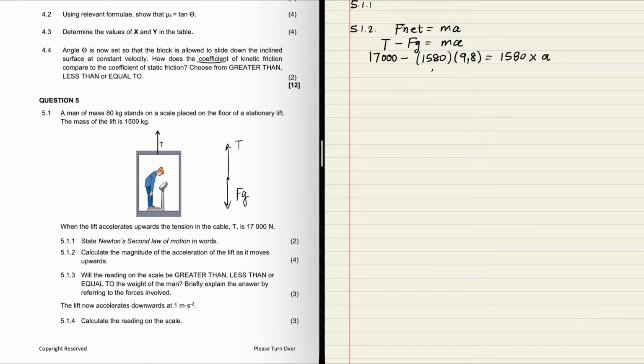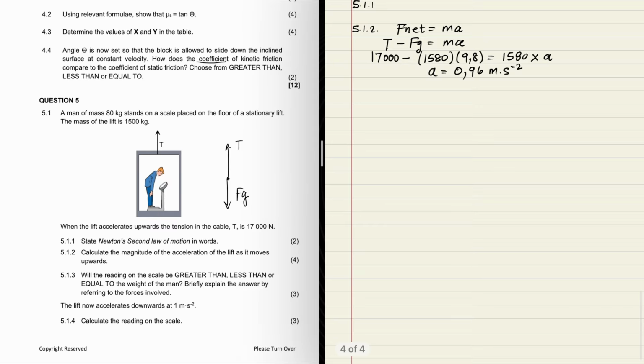We can then solve for a. a is equal to 0,96 m·s^-2, and direction is upward.